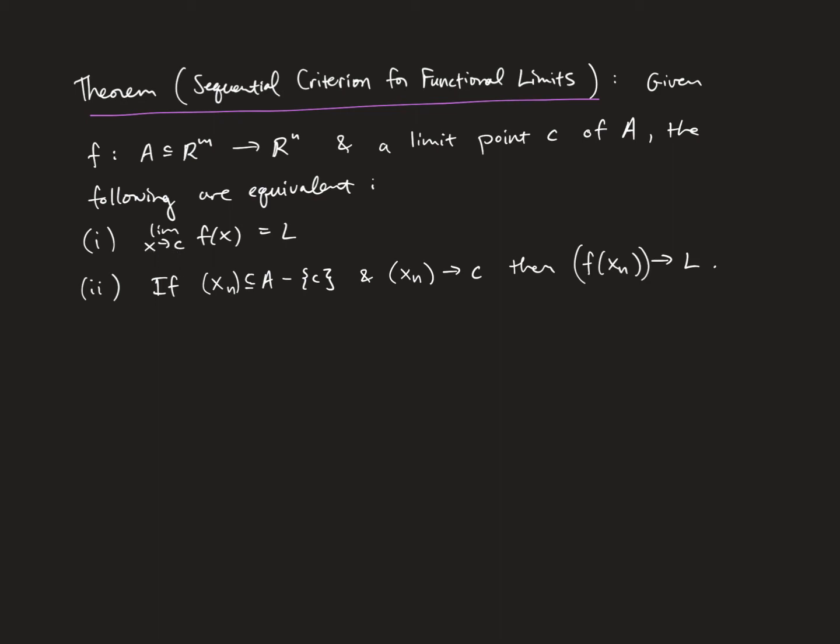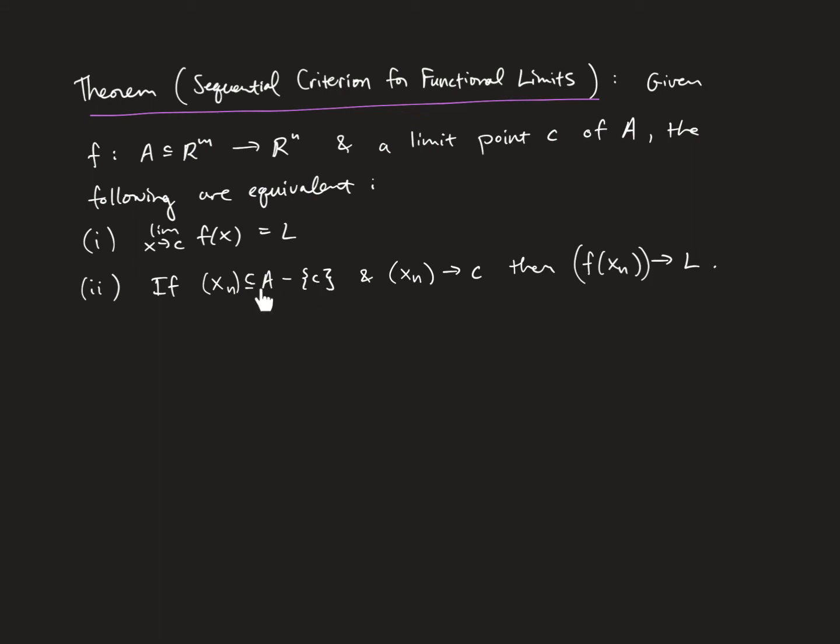The way that's formulated is in terms of a sequence. You take a particular way in which you get close to c. So you have a sequence xn of elements in A, but not equal to c. Okay, so c may or may not be in A. If c is in A, we want to make sure the xn's are not equal to c.